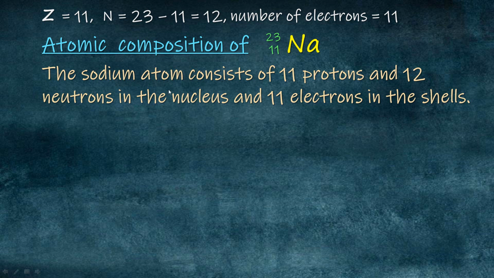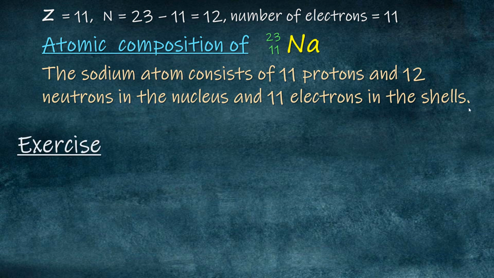So we are saying the sodium atom consists of 11 protons and 12 neutrons in the nucleus and 11 electrons in the shell. Do you remember why we said 11? You remember very well we say that the number of protons should always be equal to the number of electrons. So if the protons are 11, therefore the electrons will also be 11. Very easy to remember.